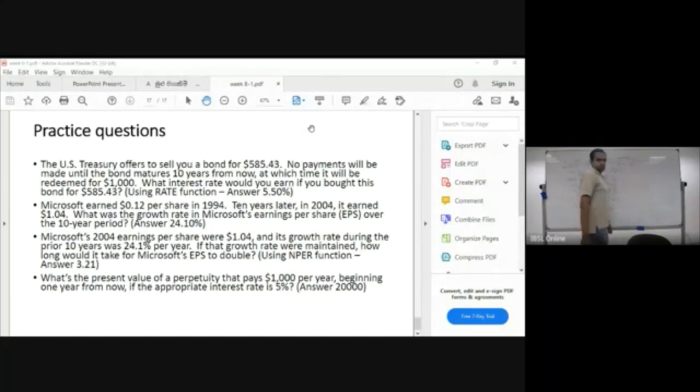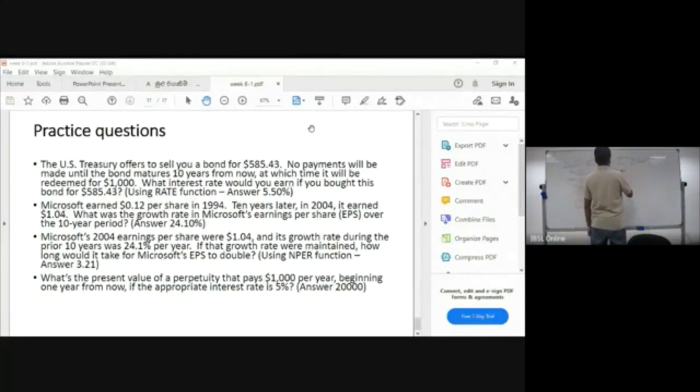In 2004 EPS was 1.04. The growth rate is 24.1%, and the future value is 2.08. Double means that currently 1.04, to double it has to get to 2.08. Growth rate 24.1%. How long will it take?